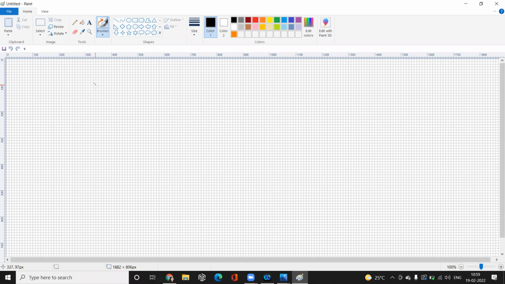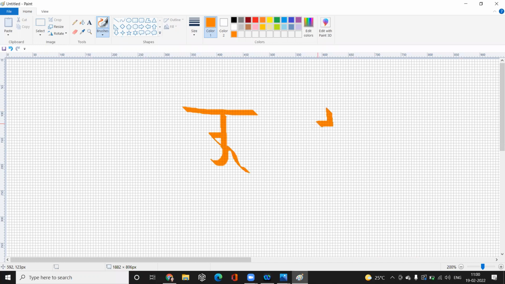So what I did is, ra came first. Then we know the rule of tha, that it's written like this when it is written below any conjunct. Then ya we just saw always takes this shape when it is written below. So this is how ya would be written.